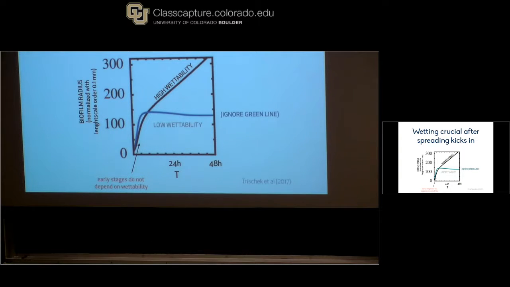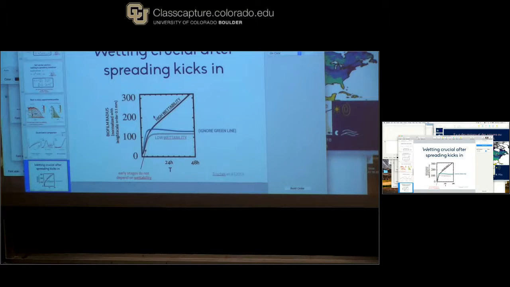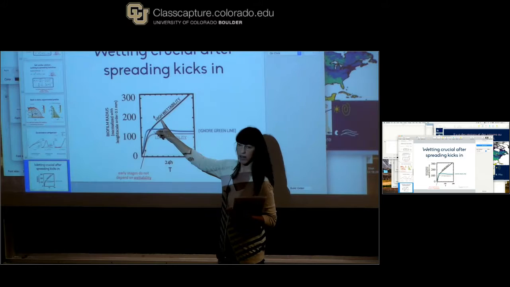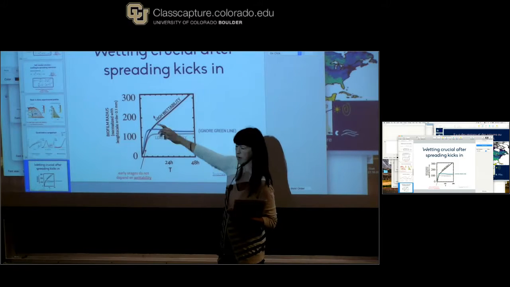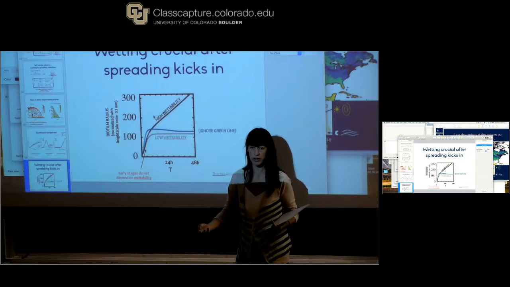Sorry. Can you see it? Yeah, for some reason it didn't show before. So there are two lines, gray and black, and ignore the green. This is, in this new model, accounting for wettability.